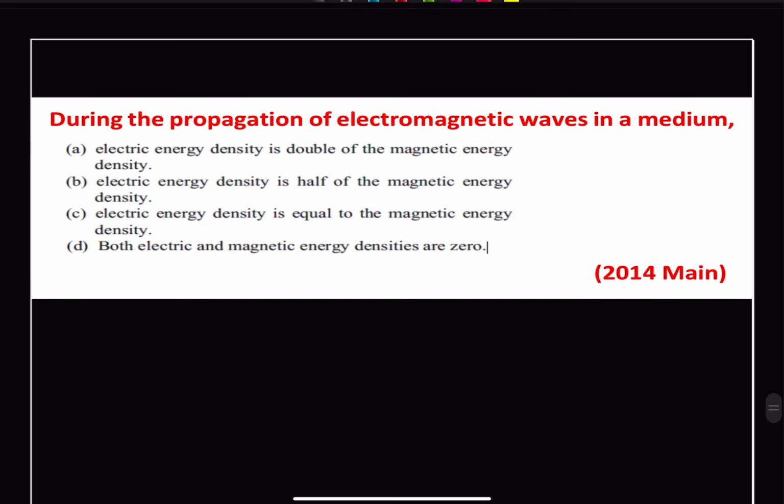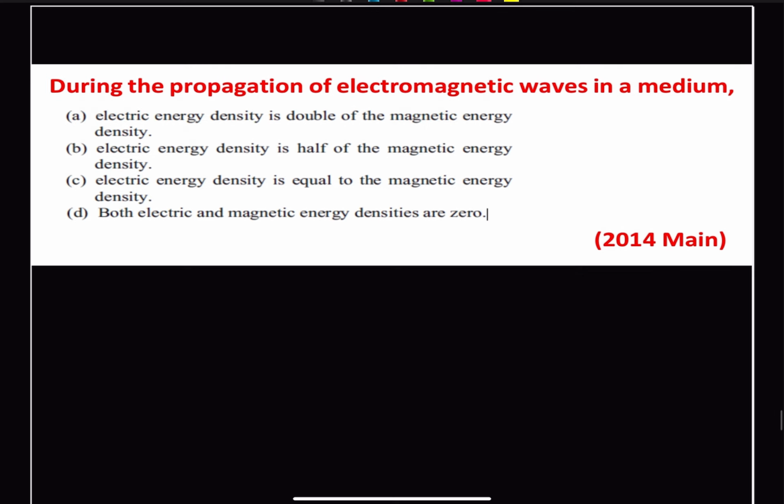Next question. It states that during the propagation of an electromagnetic wave in a medium, we have to find the relationship between electrical energy density and magnetic energy density, whether they are equal, half, double, or the value is 0.